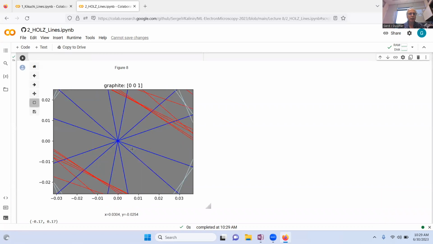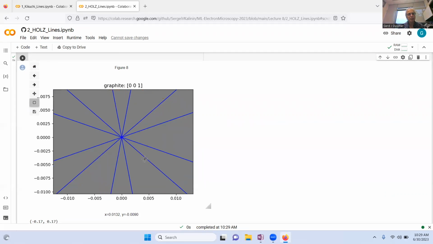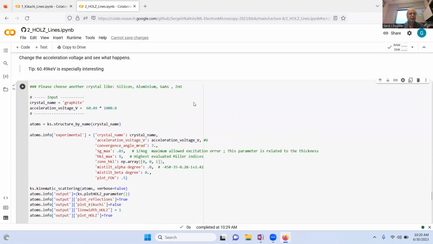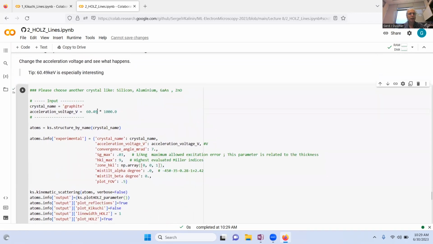So we zoom in here a bit. Okay, I did a really good job when I did that the first time. Okay, so we are now at 0.0025. Let's change my acceleration voltage by 10.